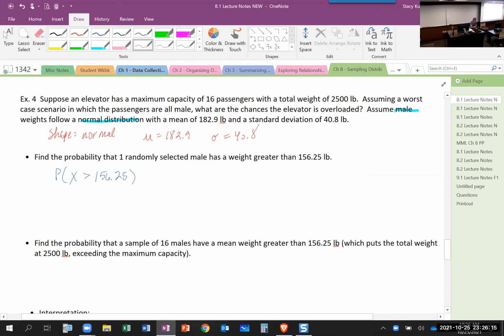Right? And this question says, what's the probability that one randomly selected male has a weight greater than 156.25? Now, this 156.25, does anybody have a clue where maybe that number came from? Was it completely random? Just look at the first part of that problem for a second.